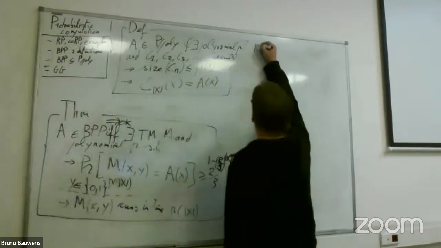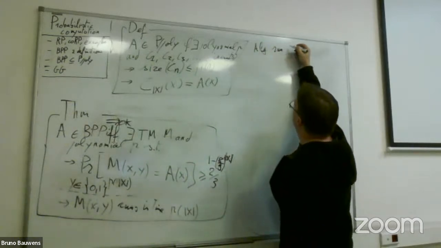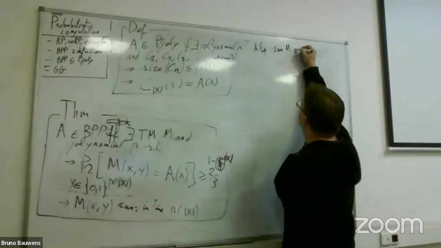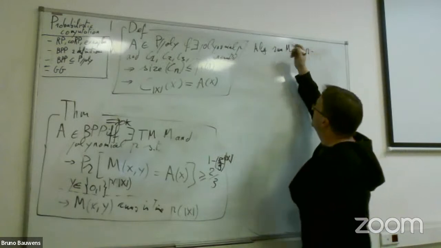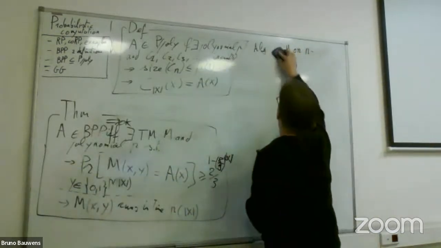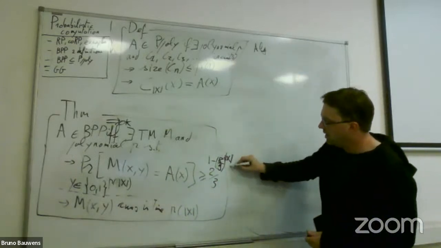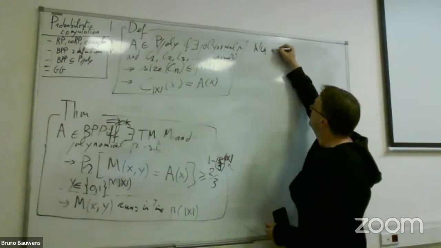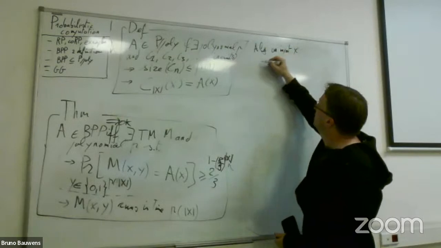So the algorithm: to decide with such a small error probability, it's 8 divided by 9.